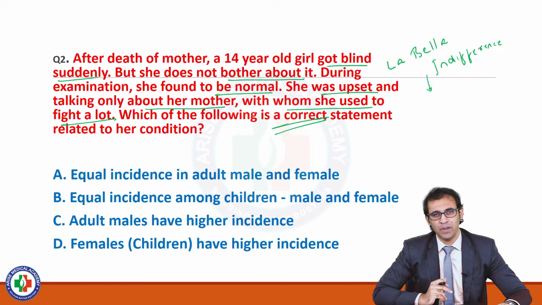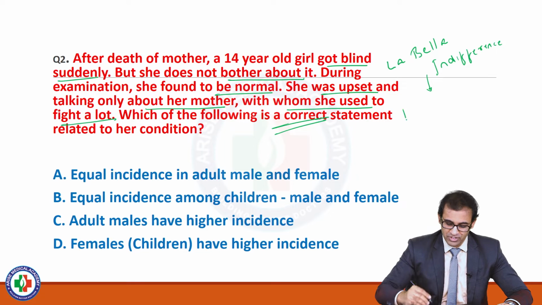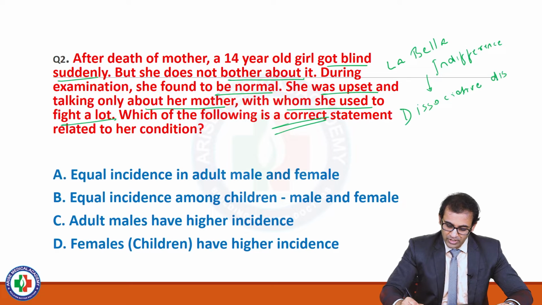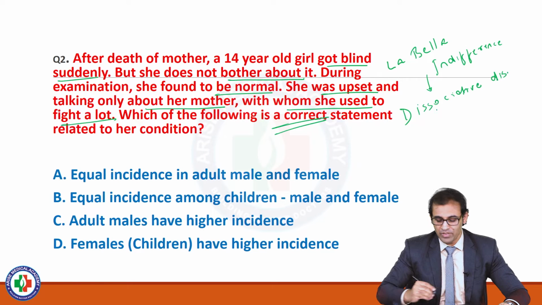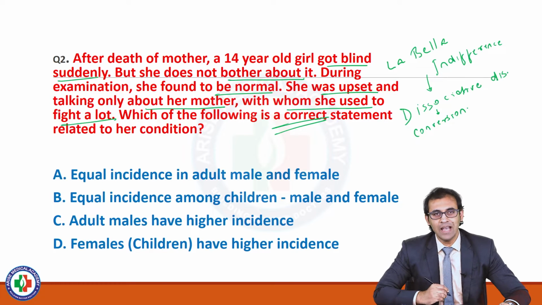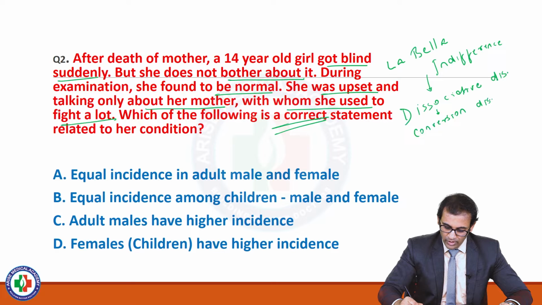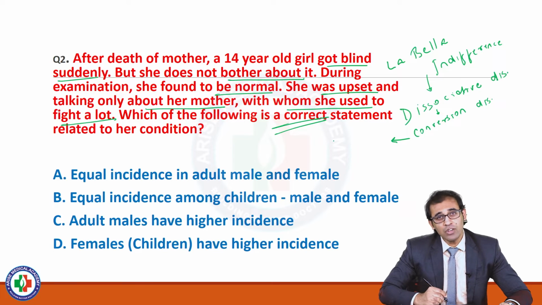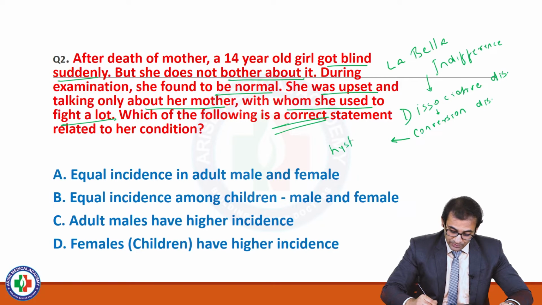Acute onset of sensory motor symptoms just after psychological stress. This is called a dissociative disorder, which is also called conversion disorder. The old name was hysteria.